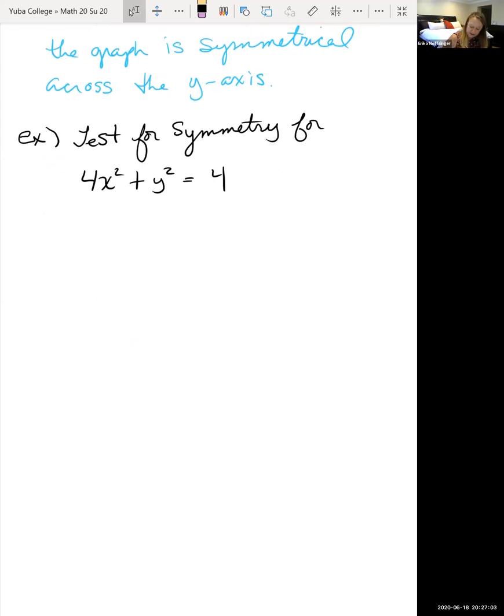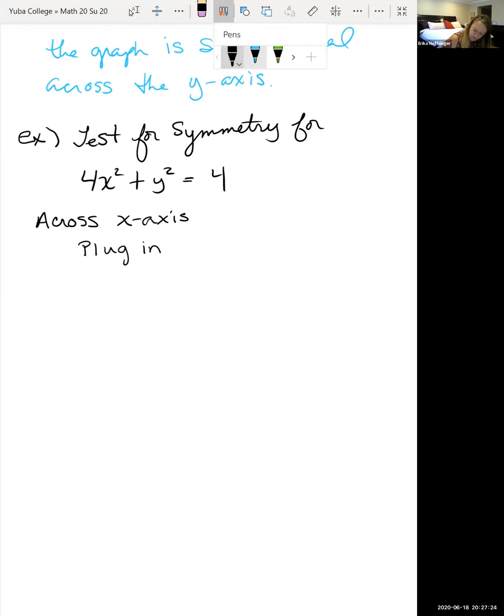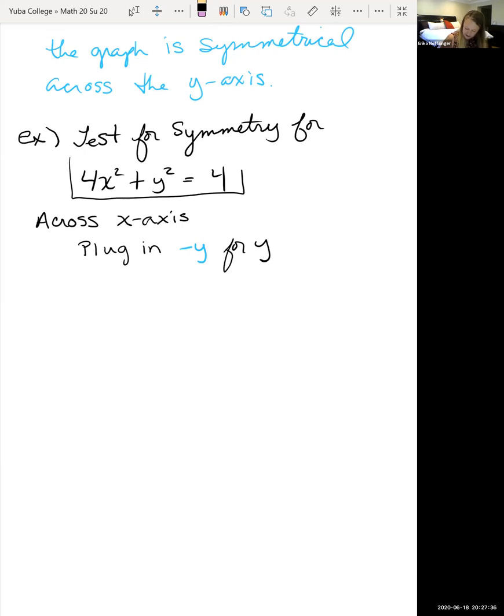Okay, so for across the x-axis, like we just talked about, we're going to plug in negative y for y. So if we go back into this equation and we plug in negative y for y, we have 4x squared plus, I'm going to put parentheses where the y is, quantity squared equals 4.